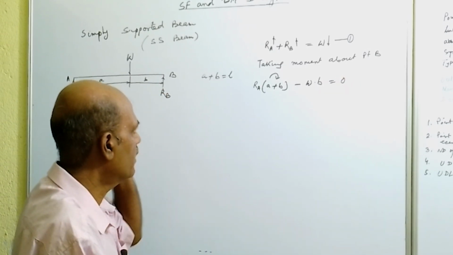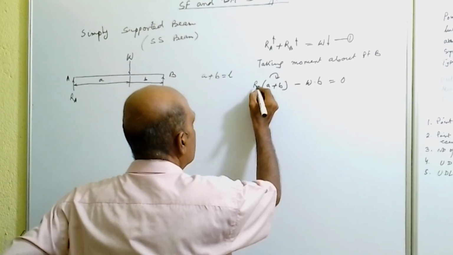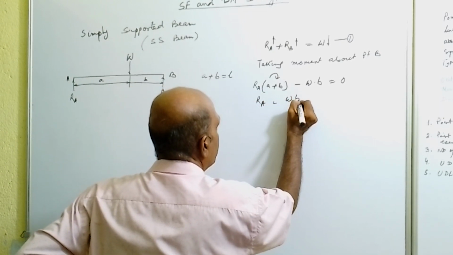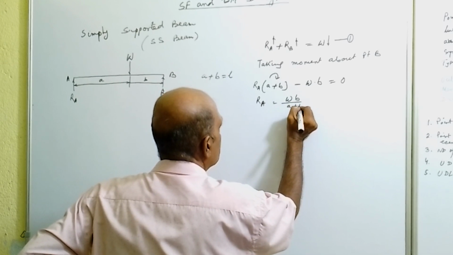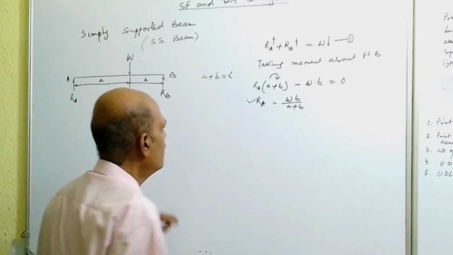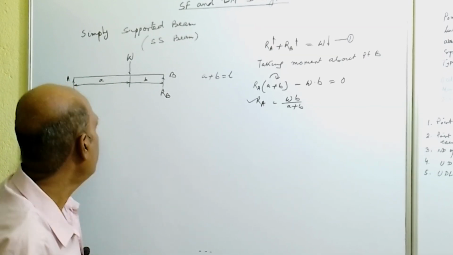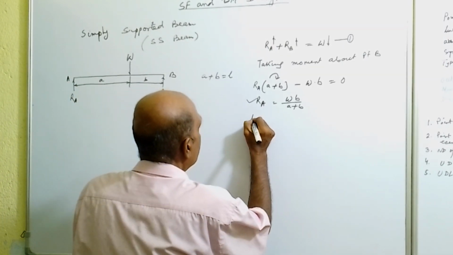So from here we will get what is RA value. So RA is equal to WB by A plus B. So this is the first equation. That is the reaction at support A. And what is the reaction at support B?